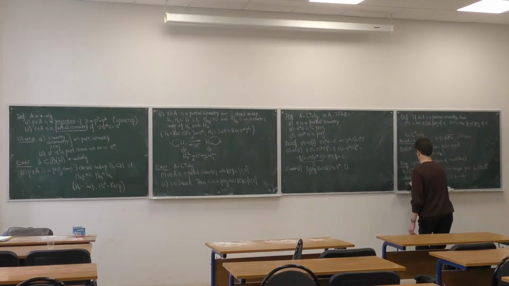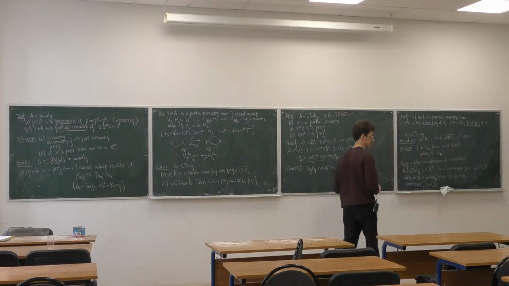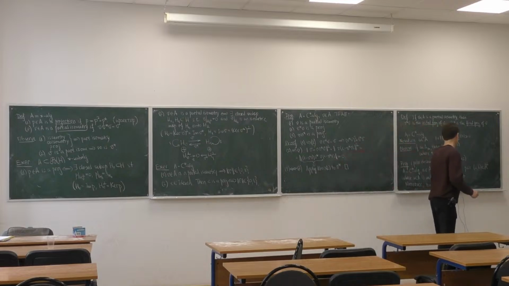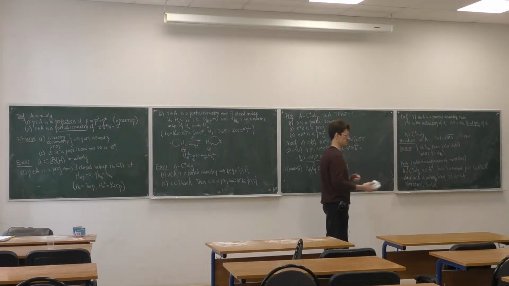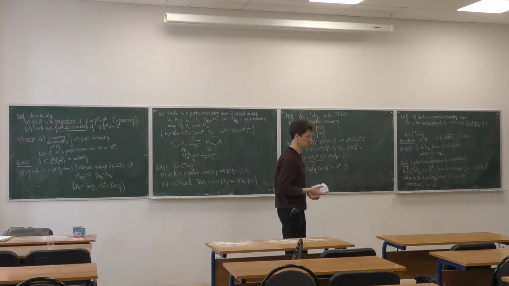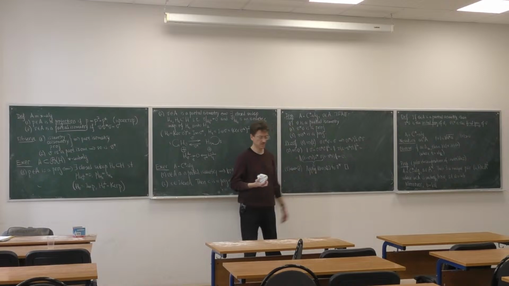And moreover, b is nothing but the modulus of a. So this formula generalizes the well-known formula which expresses a complex number as the product of a number on the circle and a positive number.